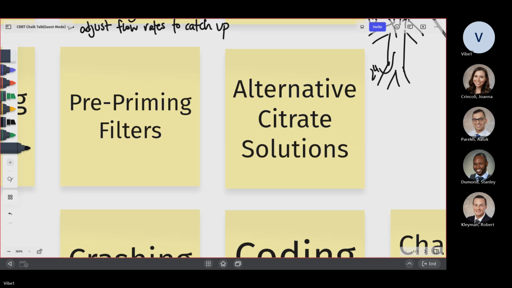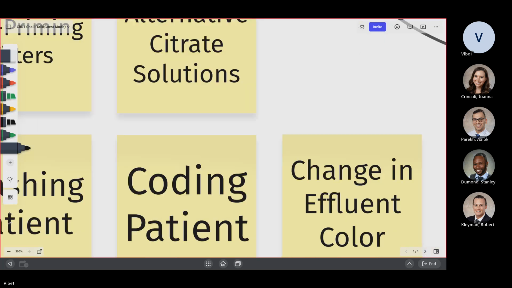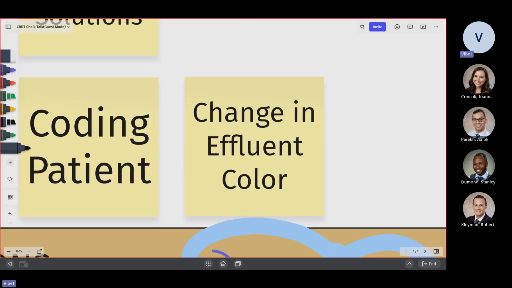Another thing is your effluent should always be clear or slightly yellowish in color. There should never be any blood in it. Anytime you notice any blood in the effluent, that means the filter is compromised. That means there is a breach, and that is a high risk for contamination. You have to immediately stop the system and prime it with a new cartridge.